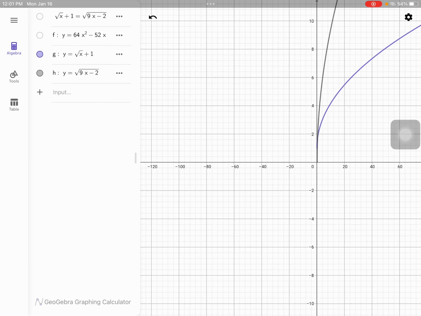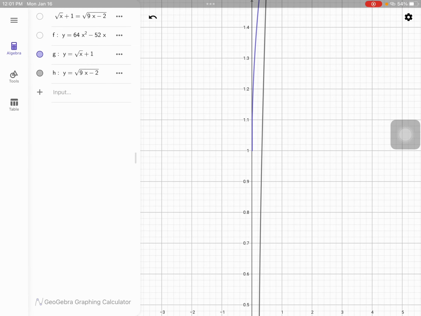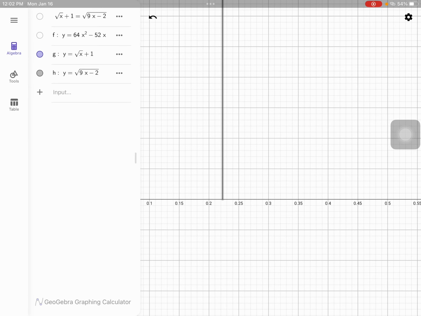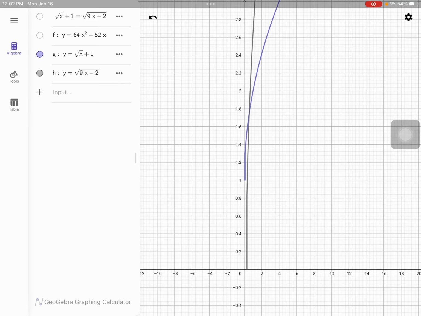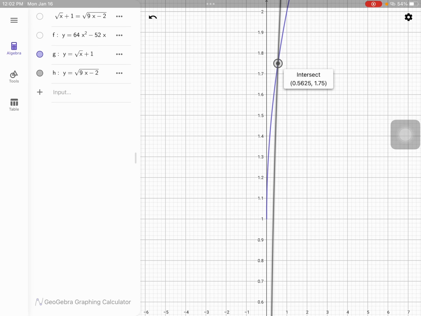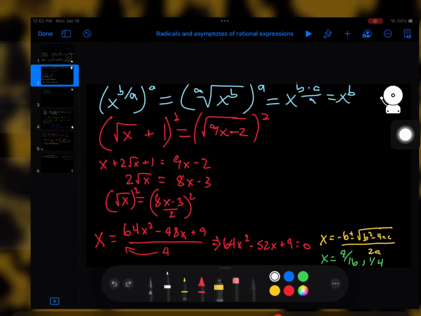Well, we've got two distinct square root functions, two distinct radical functions, and they do indeed cross right there at 9/16. Now, what's the deal with 1/4? Is that where this one starts? It is not. What happens at 1/4? I have no idea.